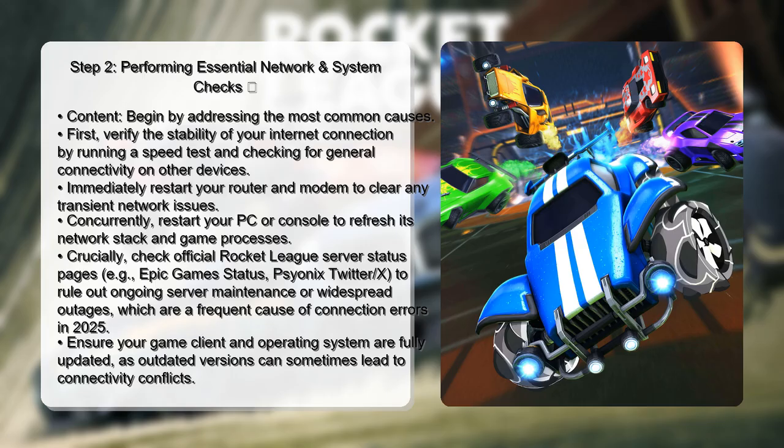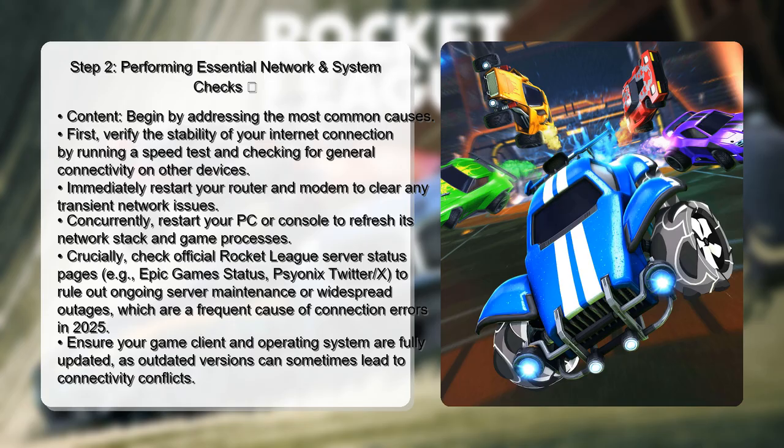Step 2. Performing essential network and system checks. Begin by addressing the most common causes. First, verify the stability of your internet connection by running a speed test and checking for general connectivity on other devices. Immediately restart your router and modem to clear any transient network issues. Concurrently restart your console to refresh its network stack and game processes.